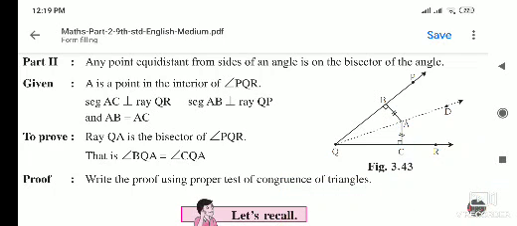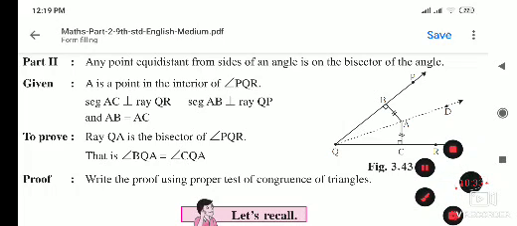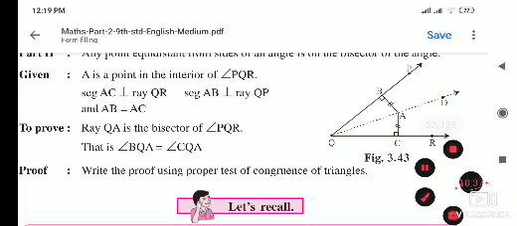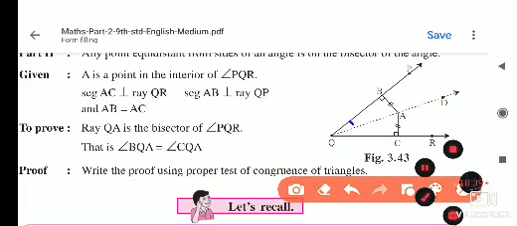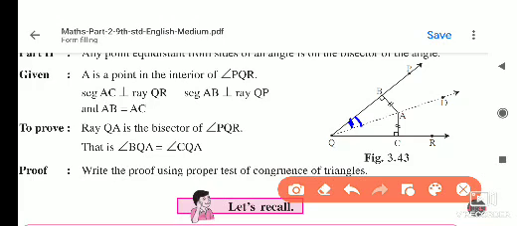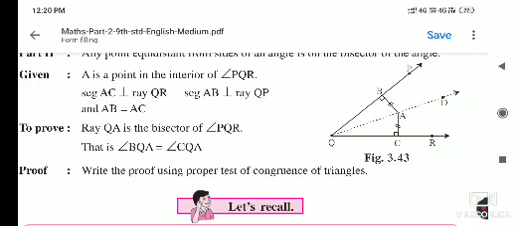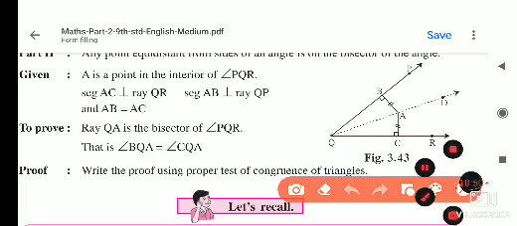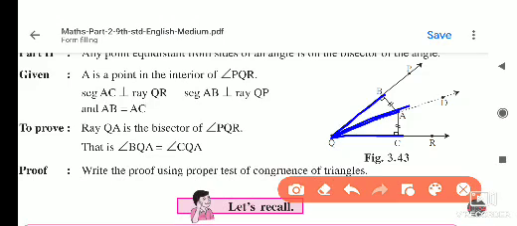What we have to prove is that angle BQA is congruent to angle CQA, these two angles.